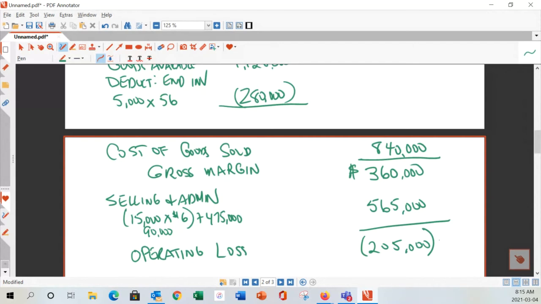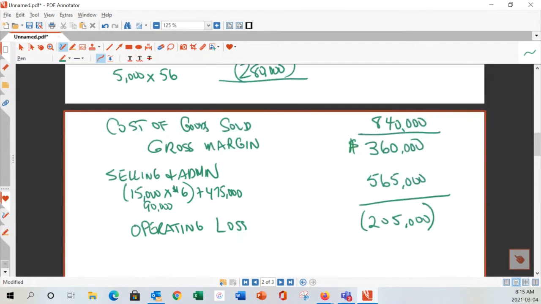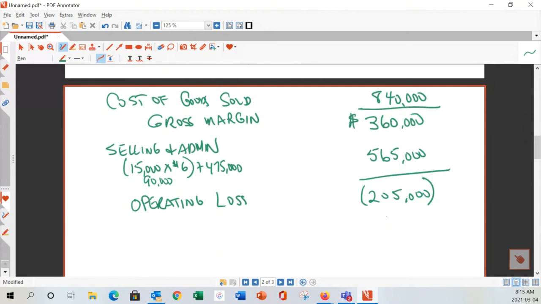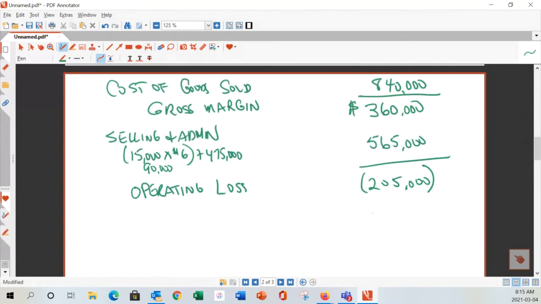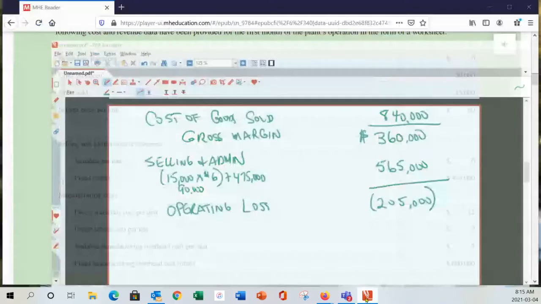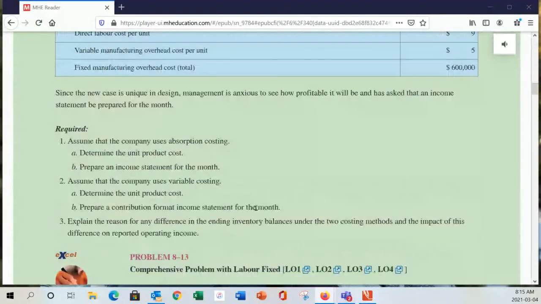Either one of those or both. It's not unusual to lose money when you first start up, but you'd expect that to change as time goes by. So that's our first part of our problem. We've got our income statement. We've determined our product cost using absorption costing. Okay, let's look at number 2.